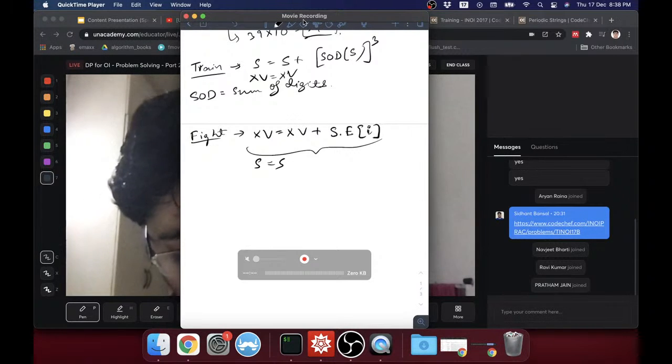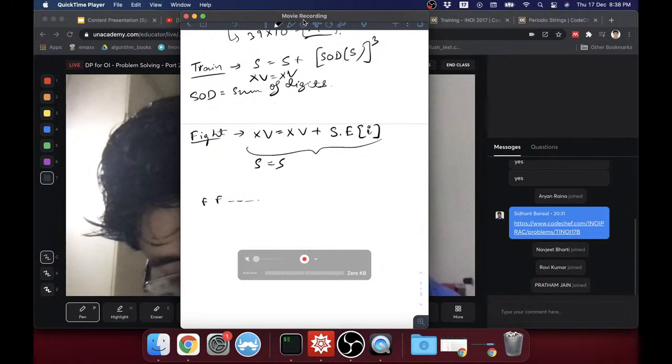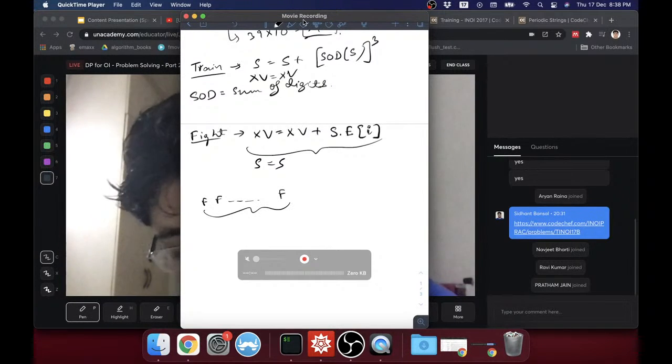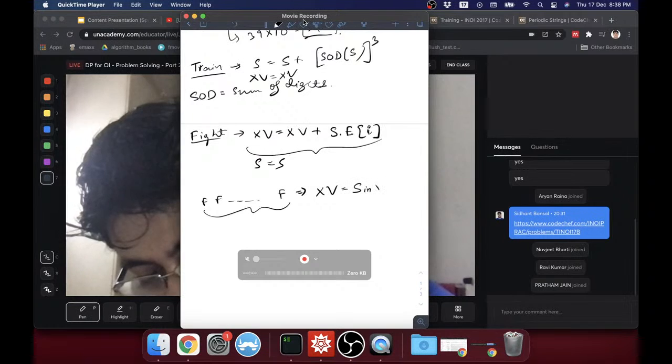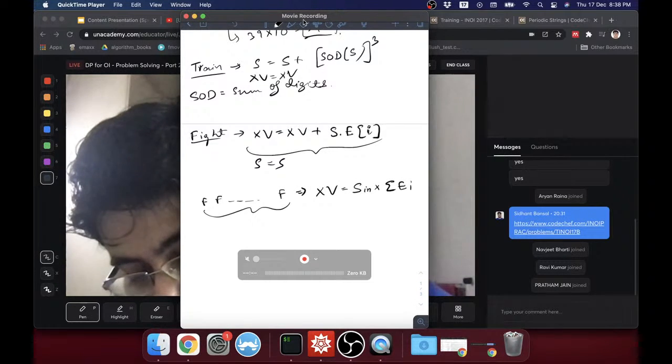So one way to think about it is, what's one of the greedy approaches you can think of? Maybe one greedy approach is that I should always fight. If you always fight, then that's bad, because the total amount of experience you'll get is basically initial strength times the sum of all the experiences.